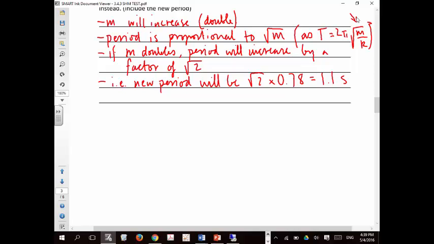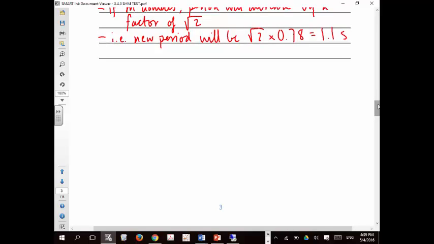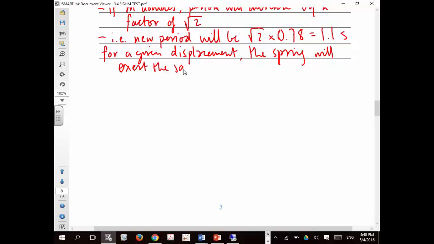This is an excellent question. However, you should really explain why that's the case as well. So, for a given displacement, the spring will exert the same force on both masses.